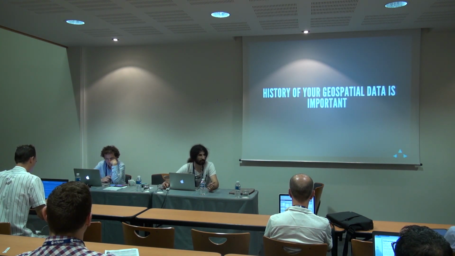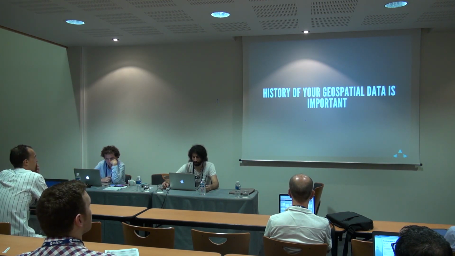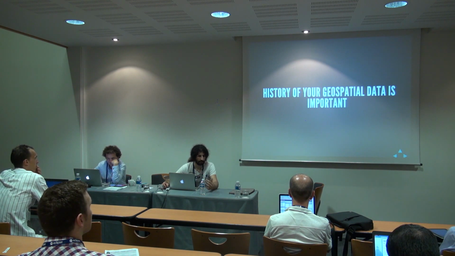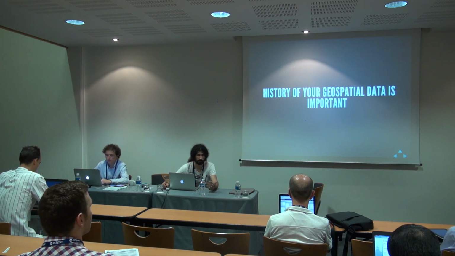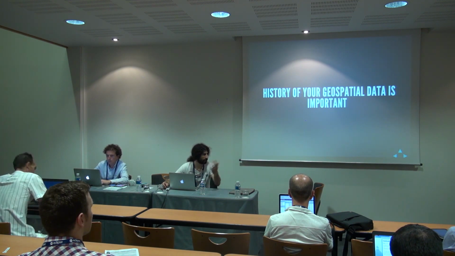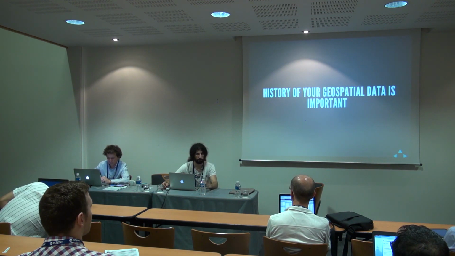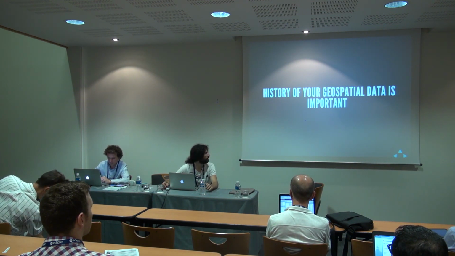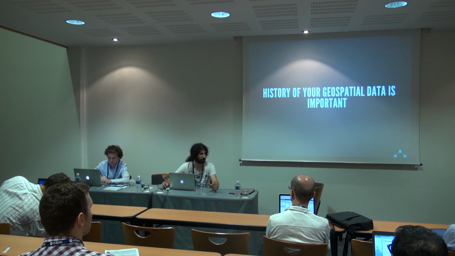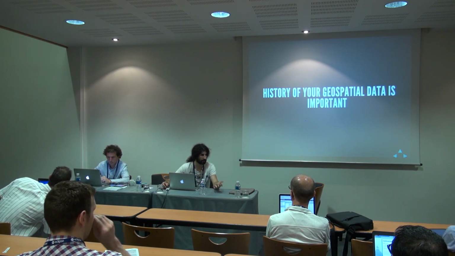The first one is that the history of geospatial data is important. It's actually very important, and it's something that people usually neglect. On the one hand, the data itself changes. If you have, let's say, the data of the city of Toulouse, that changes. You might have a new street. In your cartography, you have a shop, and now it's not a shop, it changes into a bar or whatever.